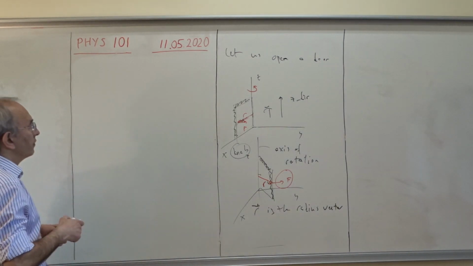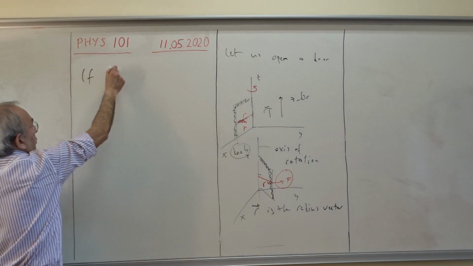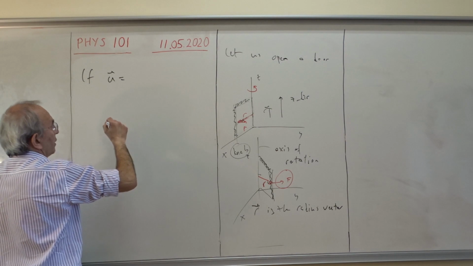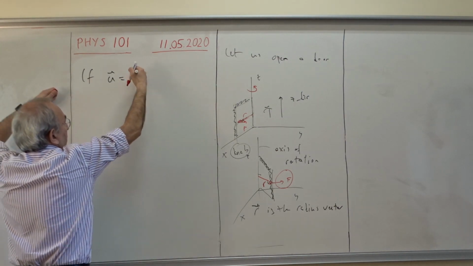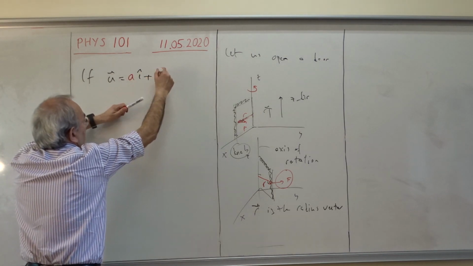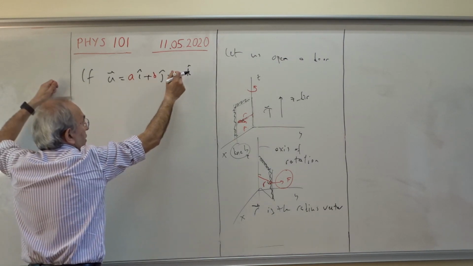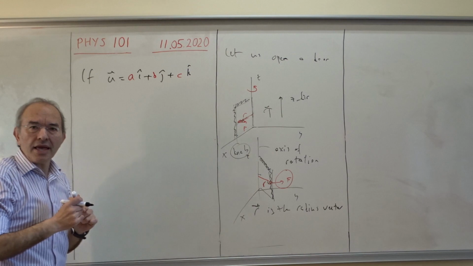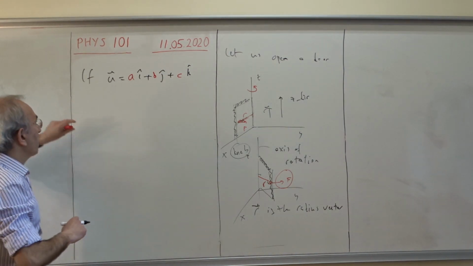For example, if vector U is given as, let's say, A times i plus B times j plus C times k. A, B, C are numbers, for instance, in general, as you will see.